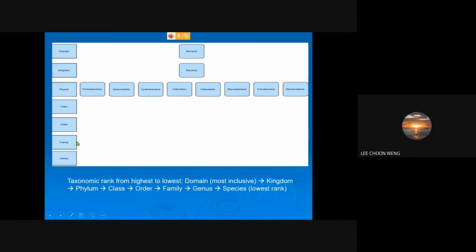For family, it ends with -aceae. So the first group of bacteria we'll be studying is under the order Enterobacteriales, under the family Enterobacteriaceae, and the genus is Escherichia coli.